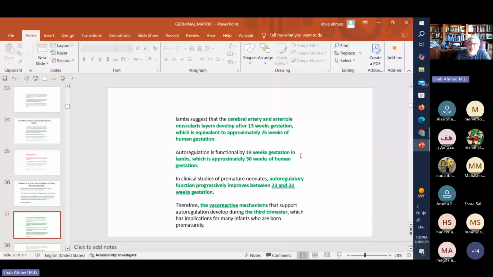And they did check the cerebral blood flow in even term babies, and they found that it is very close to the ischemic level.